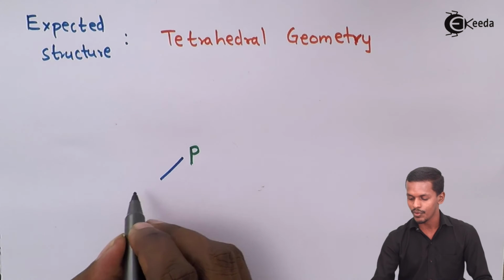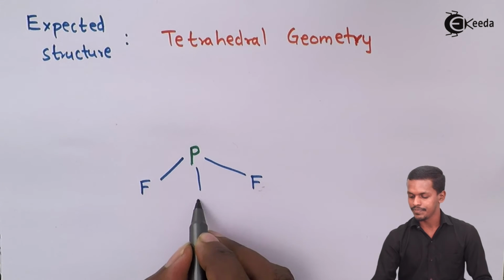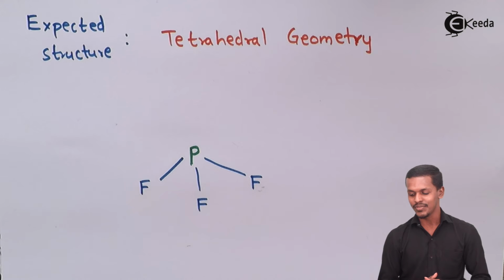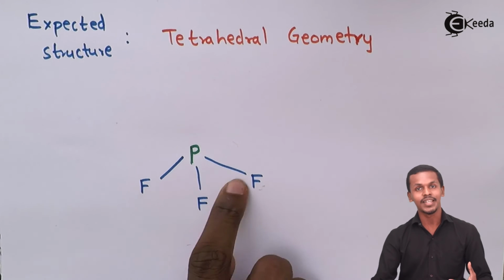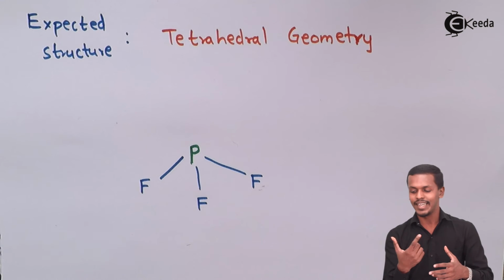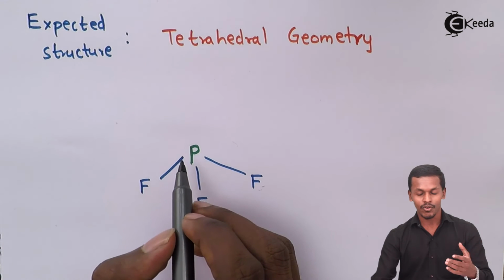Suppose this is the fluorine atom, this is the second fluorine atom, and this one is the third one. Since I cannot draw the 3D diagram in this one, let me tell you that 2 fluorines would be on your side and one on my side, making it a pyramidal shape.